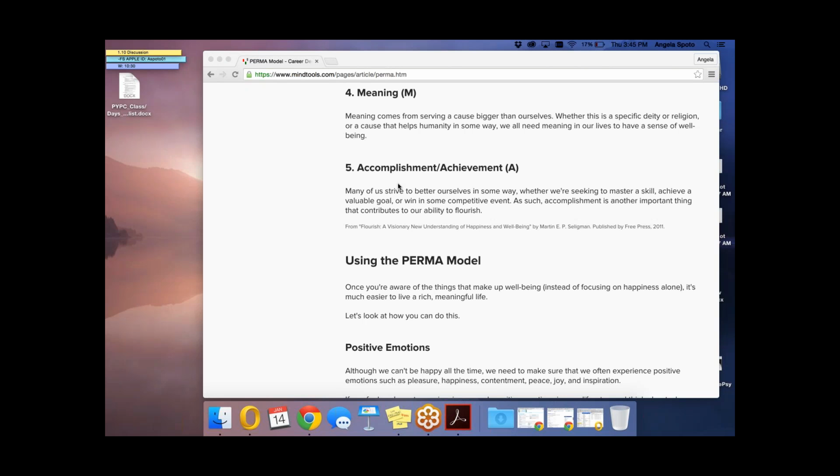And so what this is kind of reflecting is that many of us strive to better ourselves in some way, right? Whether we're seeking to master some sort of skill, like maybe while you're here at Full Sail, or achieve some sort of goal that you find valuable, or it could be even like in winning some sort of competitive event.